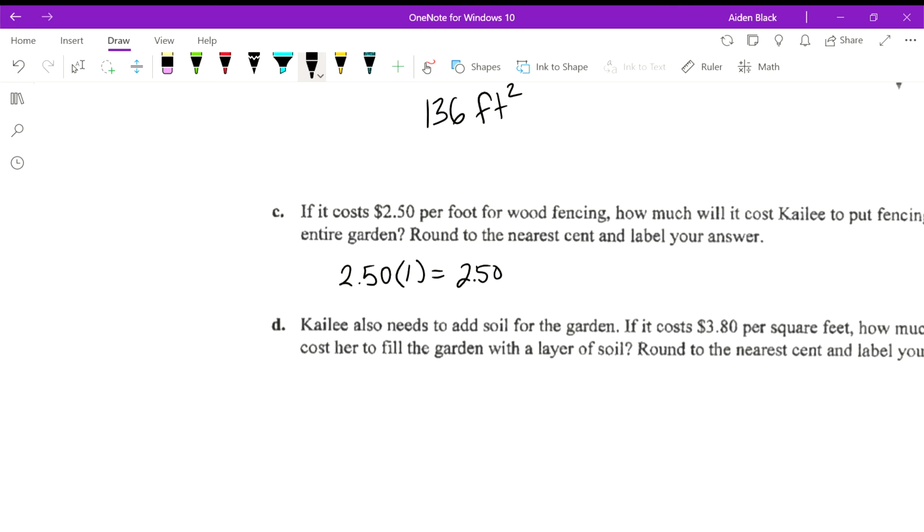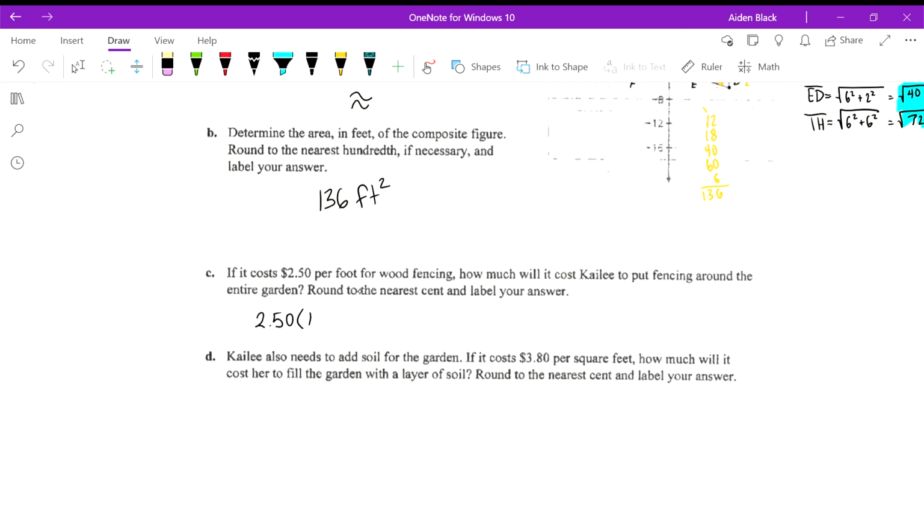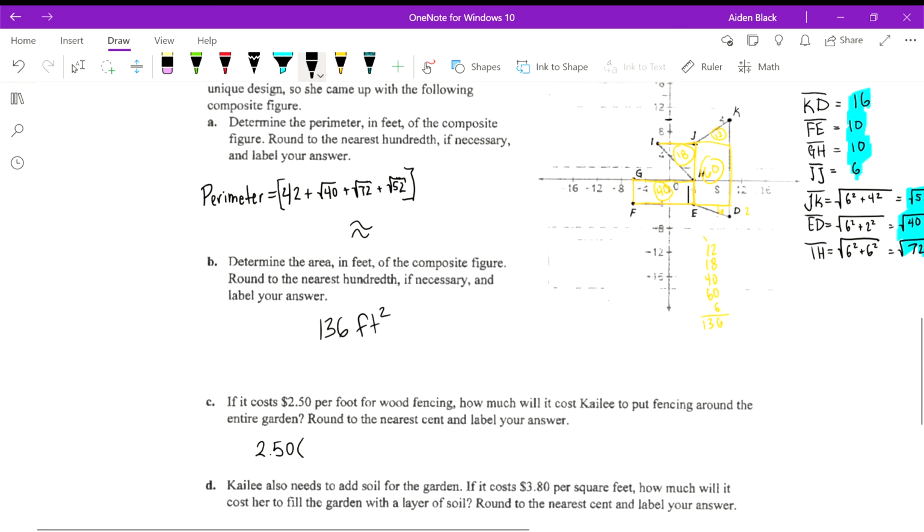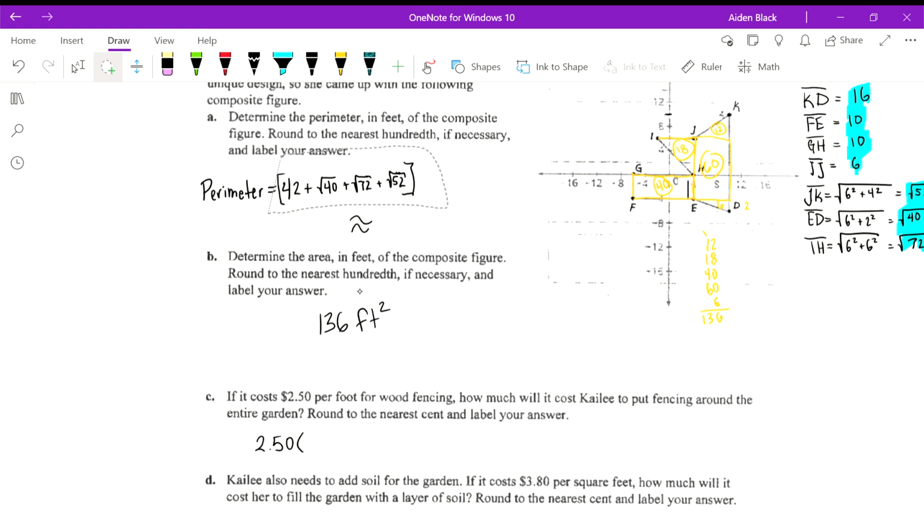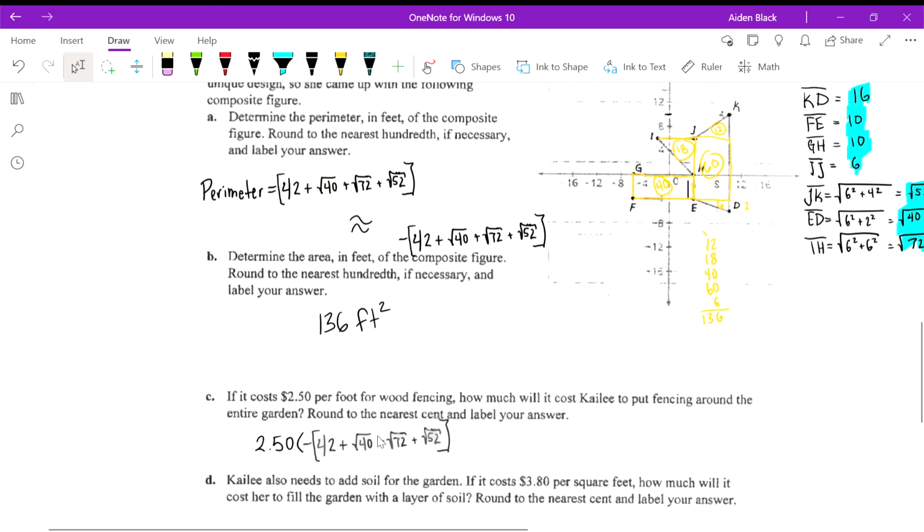So if we have more than that, we'll just multiply 2.50 by the amount of feet of the perimeter. So I'm going to fill this in because I know this is the perimeter. $2.50 times this.